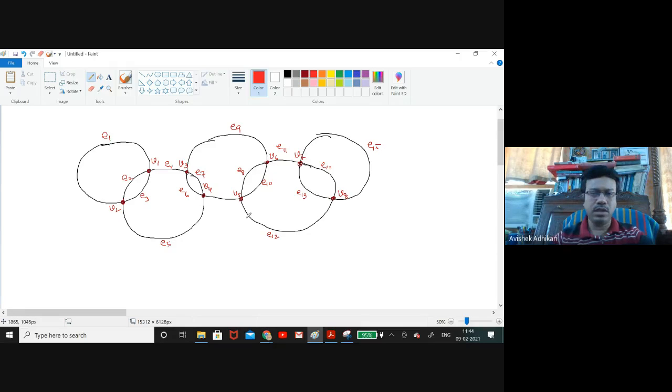Is there any edge that I missed? Maybe here. Okay, so it's E16. Any edge I missed? I guess I explored all the edges, right? So yes, all the edges are there. So now you can see that there are 16 edges and 8 vertices.